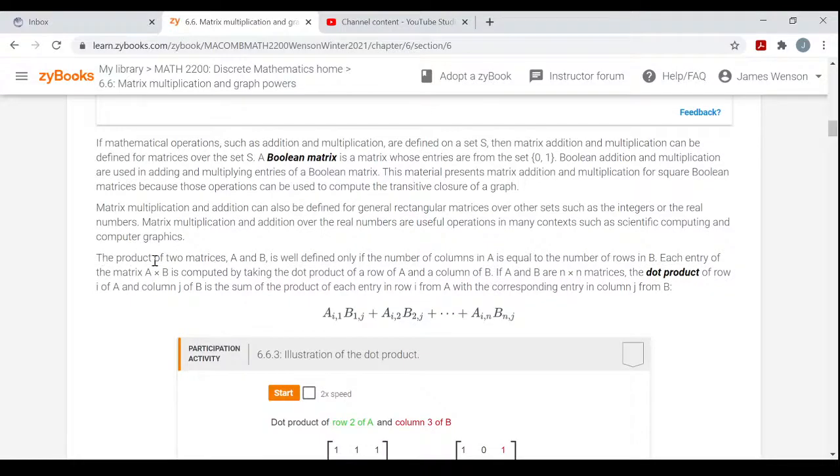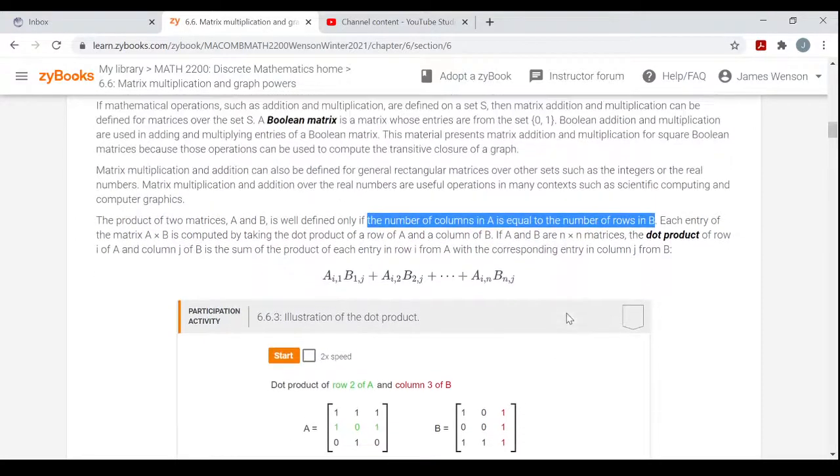Right. The product of two matrices A and B is well defined only if, I'll highlight this, the number of columns in A is equal to the number of rows in B. All right. You cannot multiply matrices A and B in the order A times B unless the number of columns of the left matrix is the same as the number of rows of the right matrix.